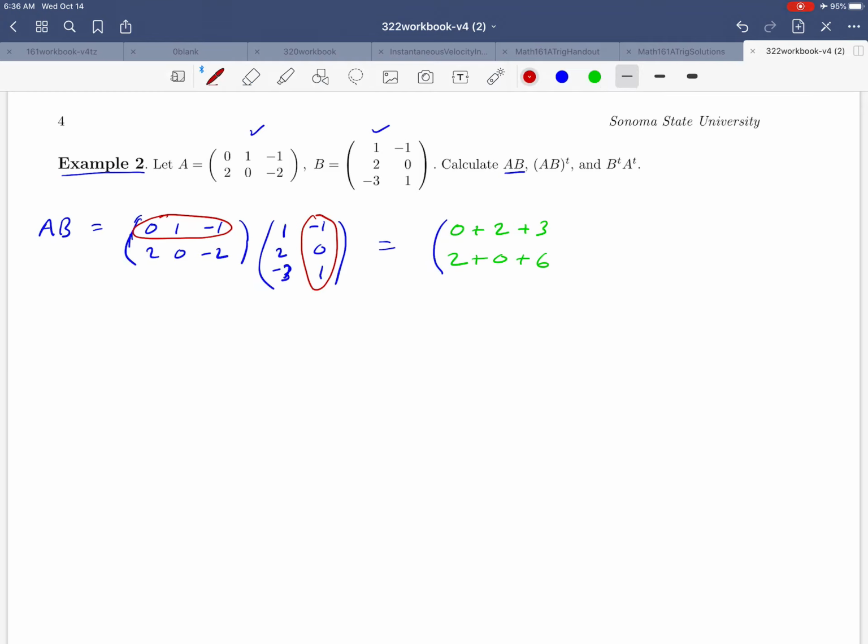We'll go down the line again just like we did before, starting with 0 times negative 1, that's 0, plus 1 times 0, that's 0 again, plus negative 1 times 1 is negative 1.